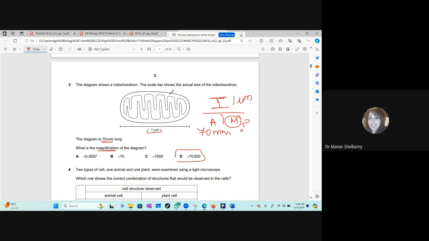No, if we change 1 micrometer to millimeter, 1 millimeter is 1000 micrometers. 1 micrometer is 1 divided by 1000. I want to calculate that. So this is 0.001, divided by 70. The scale bar shows the actual size of the mitochondria. So the scale bar is 1 millimeter and the diagram is 70 millimeters long. What is the magnification of the diagram?